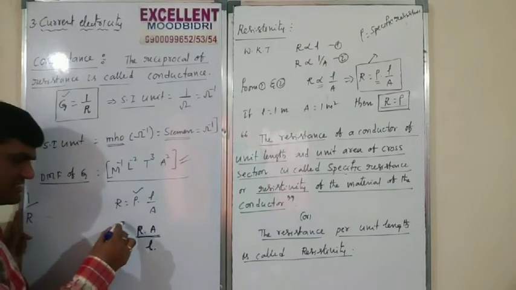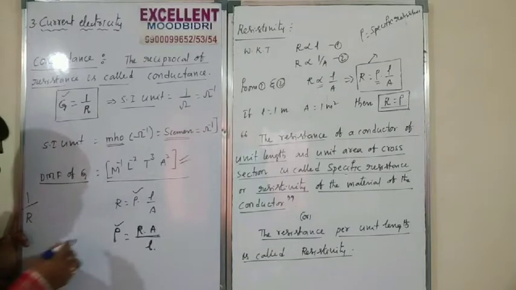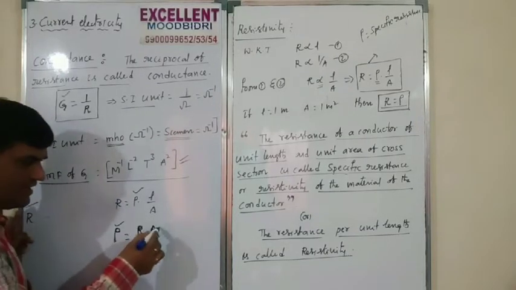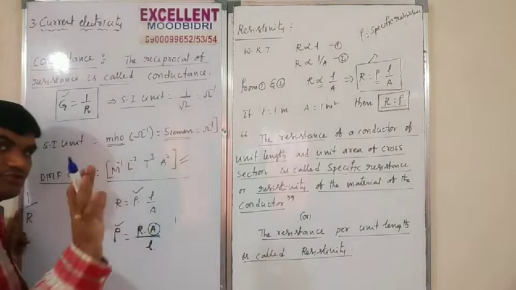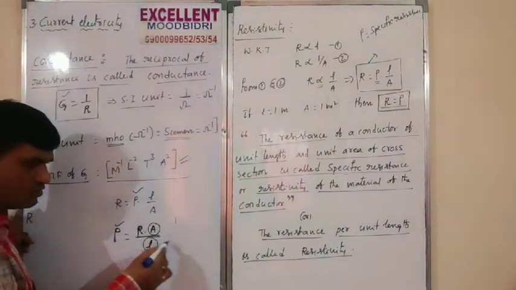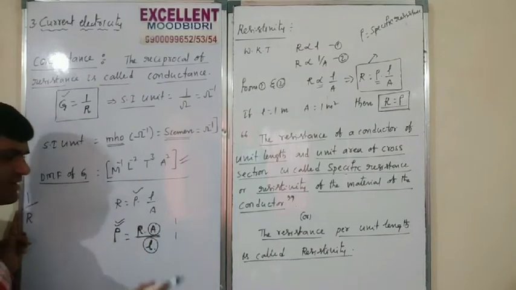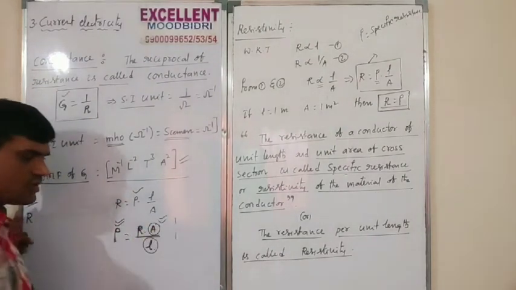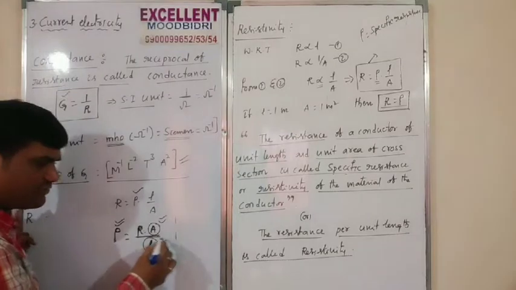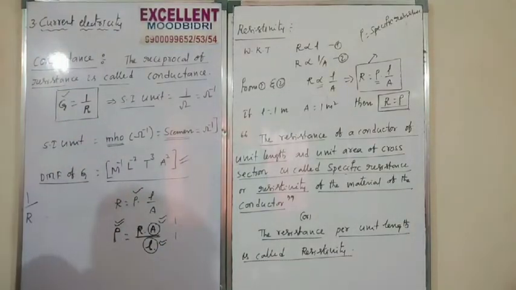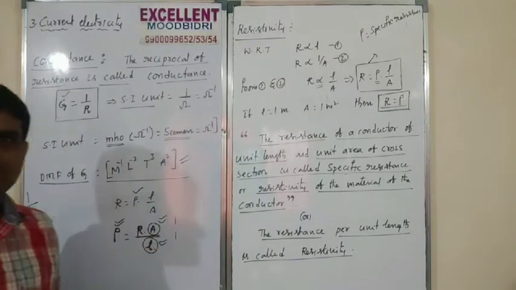Remember, when we say resistivity, the A value is equal to 1 unit only, and L is equal to 1 unit only. That means resistivity does not depend on the area of cross section as well as the length of a conductor. Why? Because they are equal to 1 only.